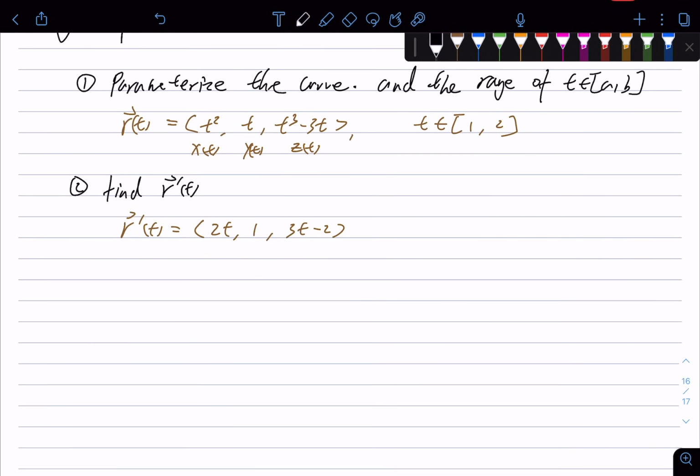Okay, and then the third thing we're going to do is to parameterize the vector field F of x, y, z, and get the same thing, F of x of t, y of t, z of t.